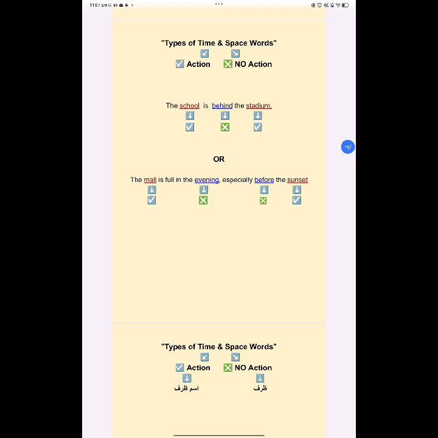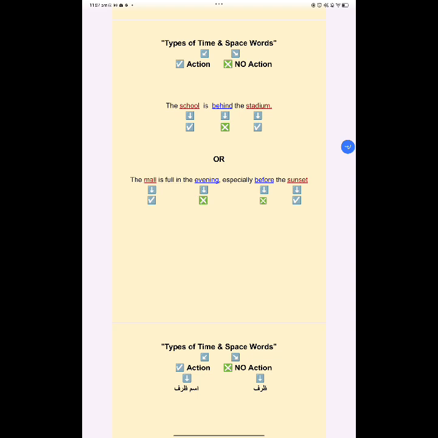Now, another example. The mall is full in the evening, especially before the sunset. The word mall is zarf makan, right? And it's a special kind of zarf makan because it has an action associated with it, the action of shopping, right? Is full in the evening. Now, is the word evening zarf makan or zarf zaman?